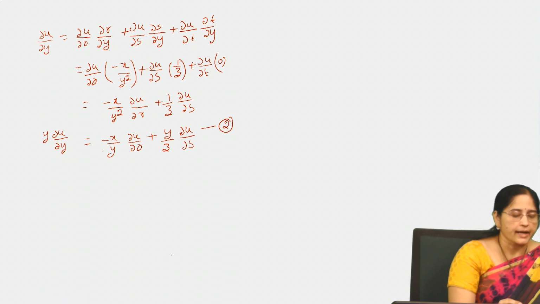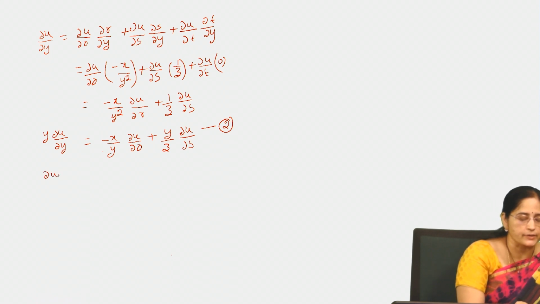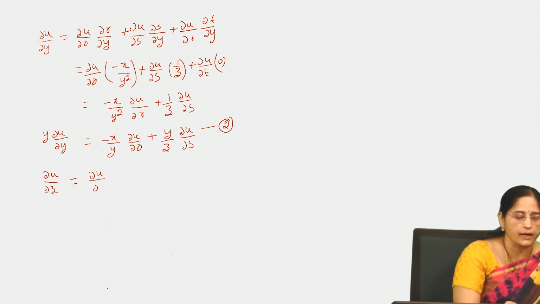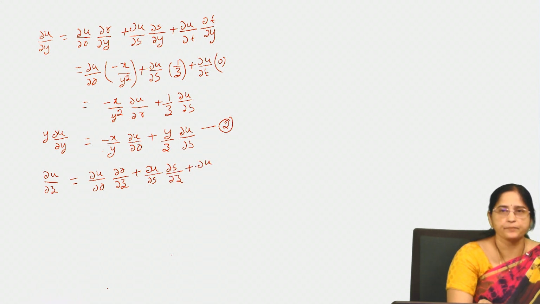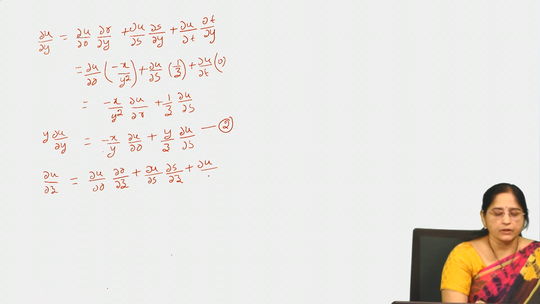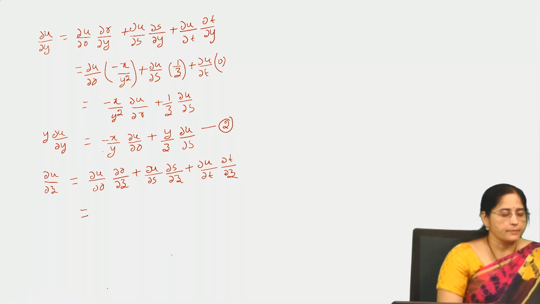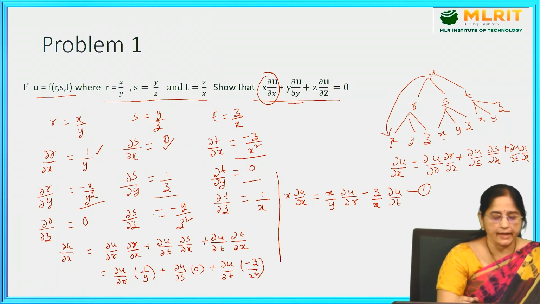Next one, calculate dou u by dou z. Dou u by dou z formula is dou u by dou r into dou r by dou z plus dou u by dou s into dou s by dou z plus dou u by dou t into dou t by dou z. Substitute dou r by dou z. What is dou r by dou z? We calculated dou r by dou z.